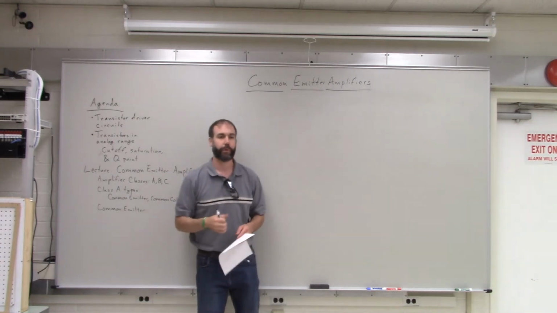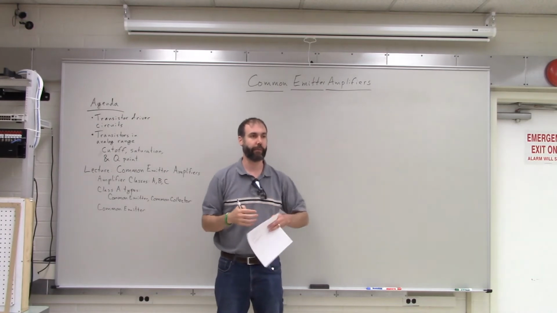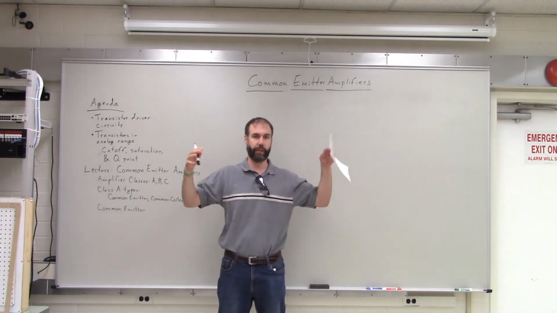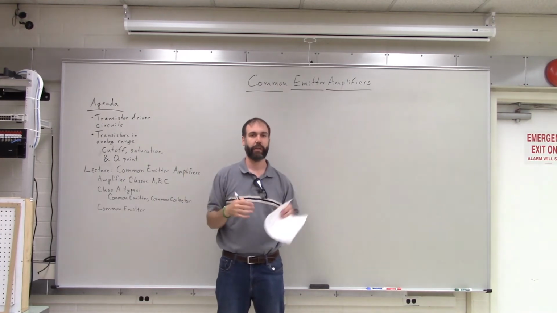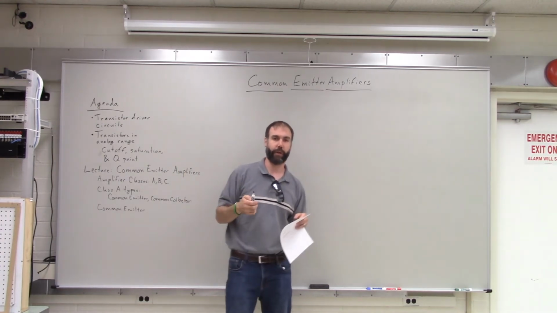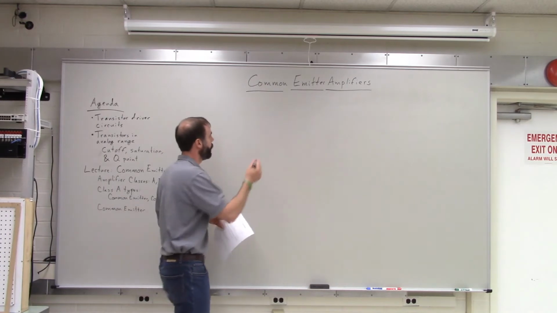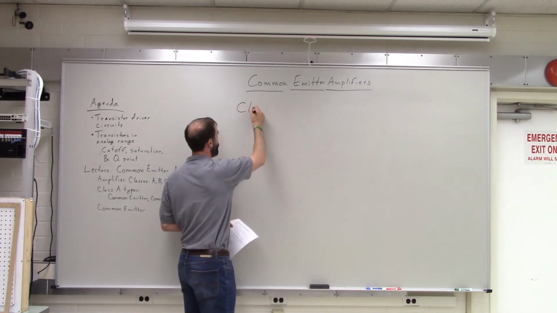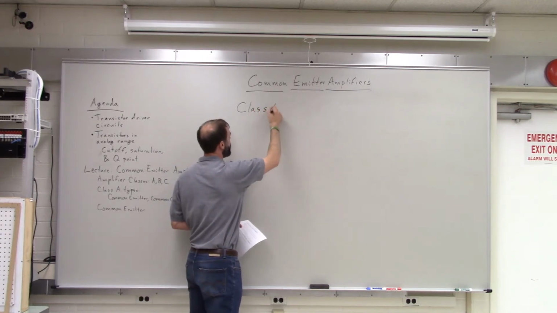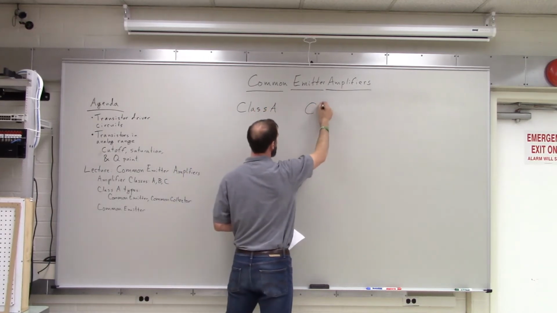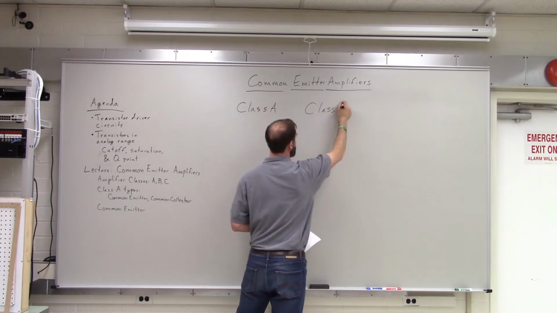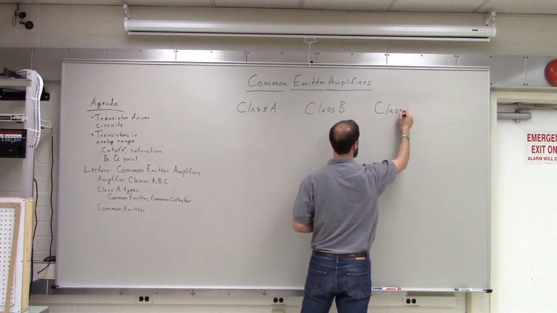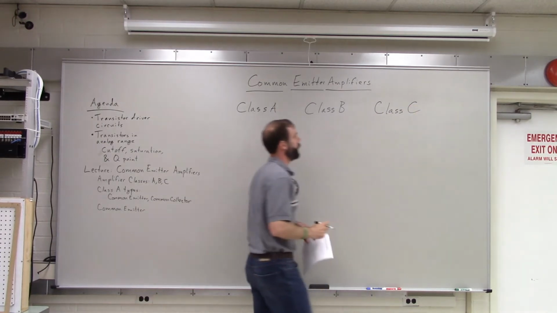Okay? We're going to focus most of our time today on the common emitter amplifiers, but I just want to show you where they fit in to the bigger hierarchy so that you kind of have that as a background. Okay? So there are three general classes of amplifiers that we're going to be talking about. Class A, Class B, and Class C.